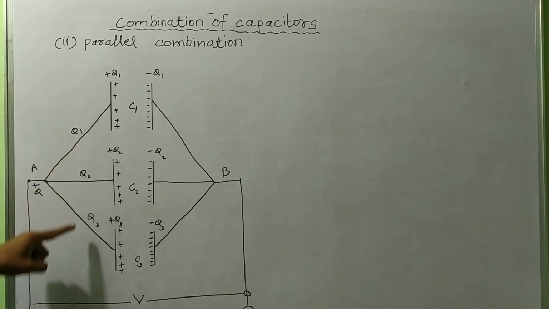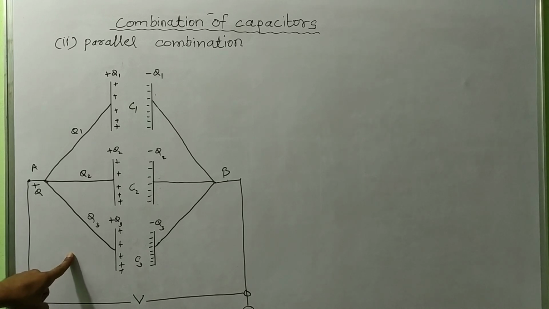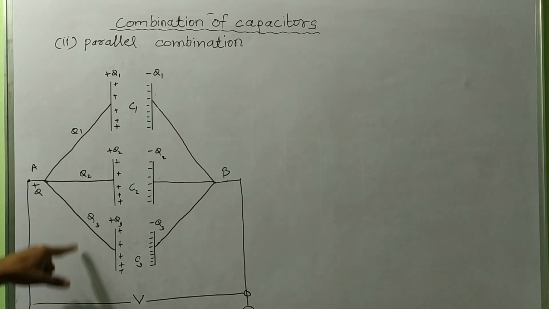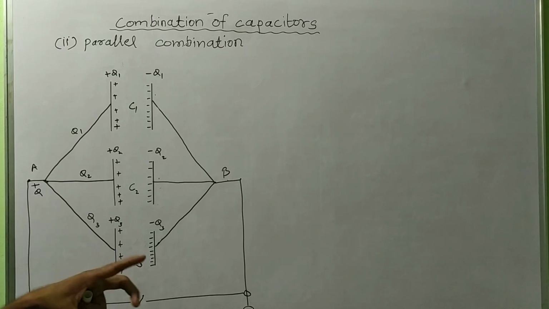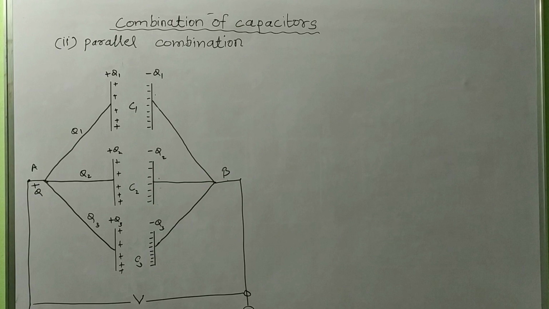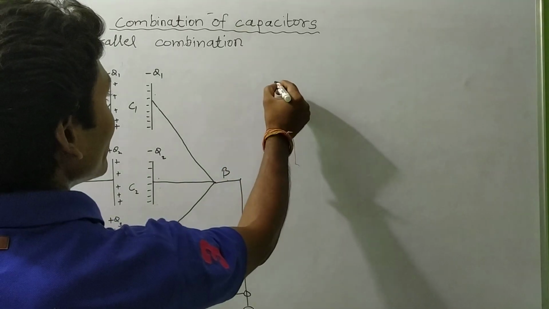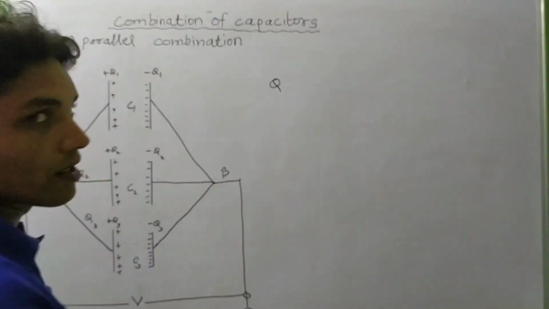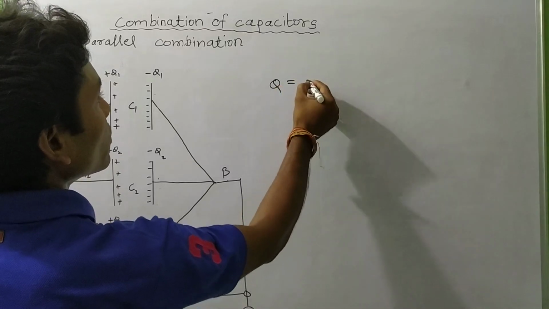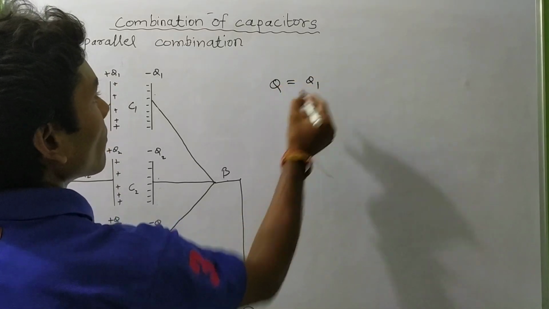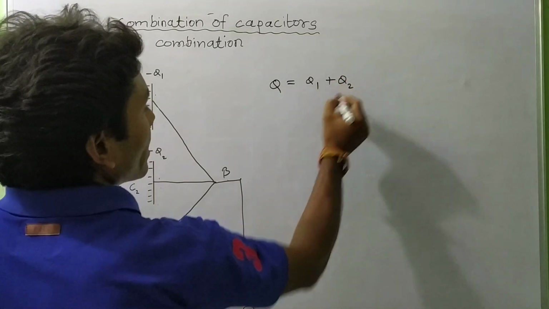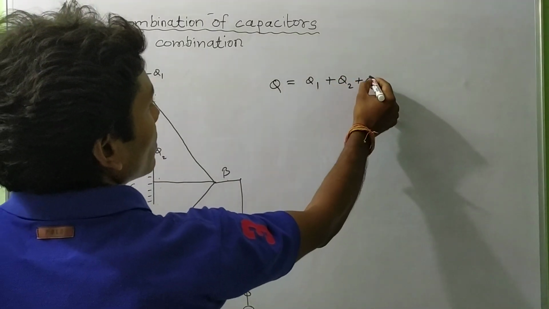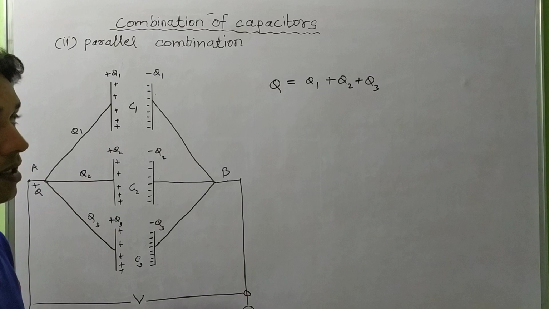Charge is distributed, so we have to find the total or equivalent charge. What will be the equivalent charge? Equivalent charge will be equal to the charge on the first capacitor plus the charge on the second capacitor plus the charge on the third capacitor.